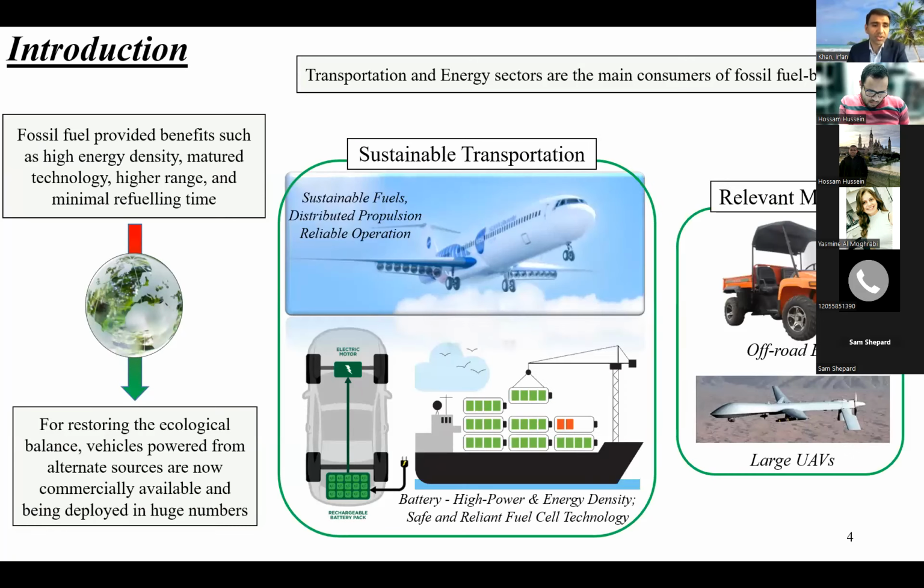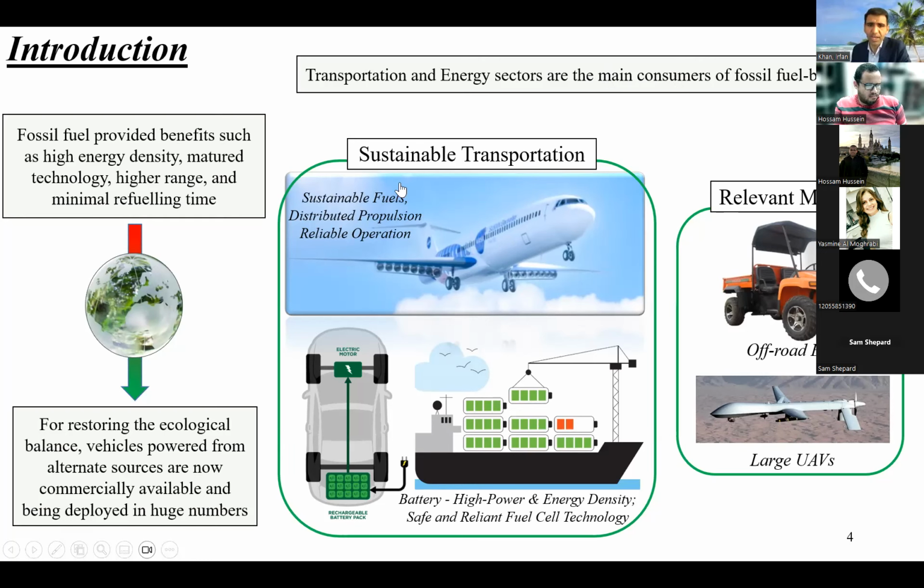To restore the ecological balance, vehicles powered from alternative sources are now commercially available, like Tesla vehicles, which we can purchase, and they are environmentally friendly. They're electric vehicles, so we do not need to fuel them with traditional fossil fuels. Transportation and energy sectors are the main consumers of fossil fuel based energy.